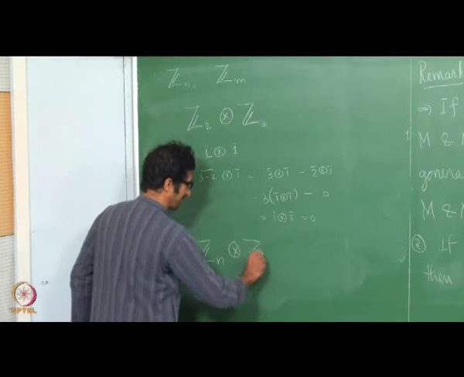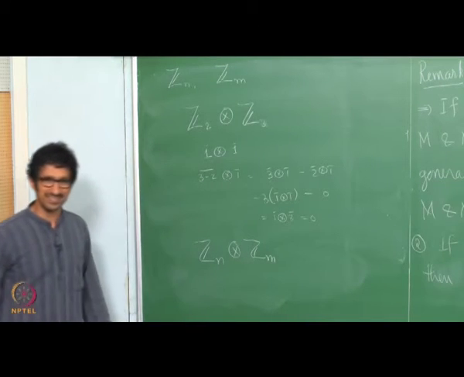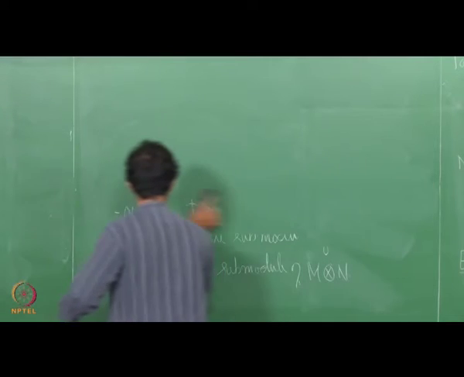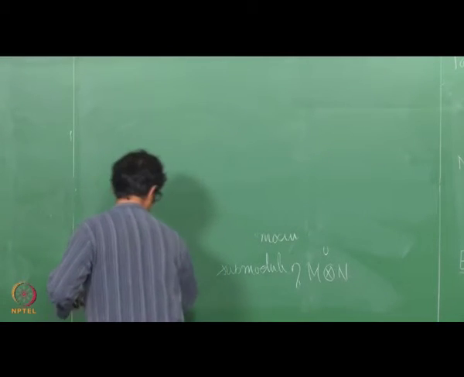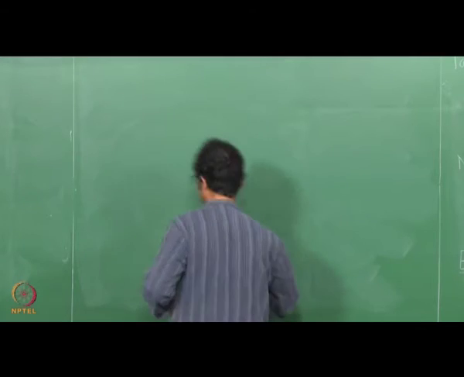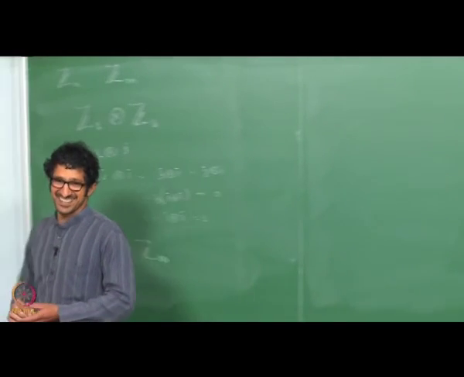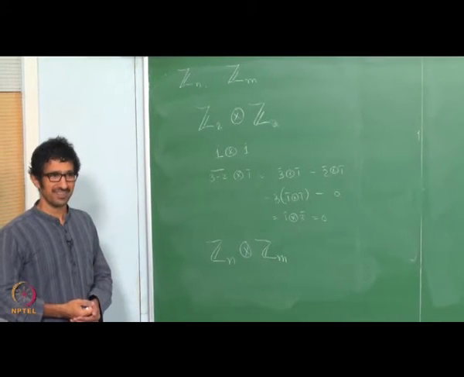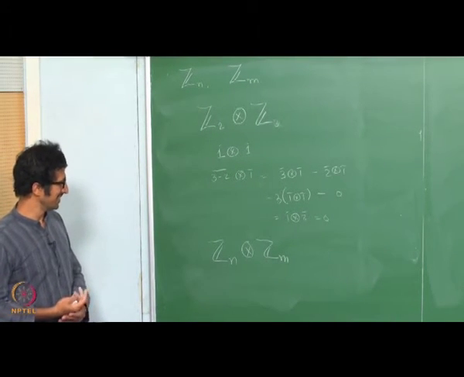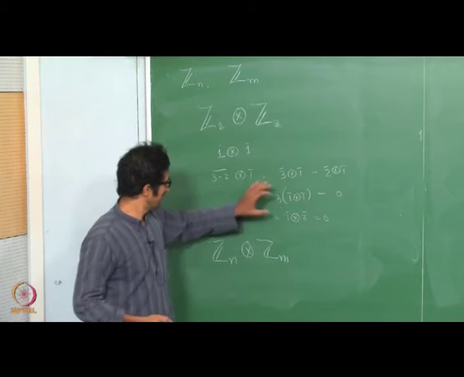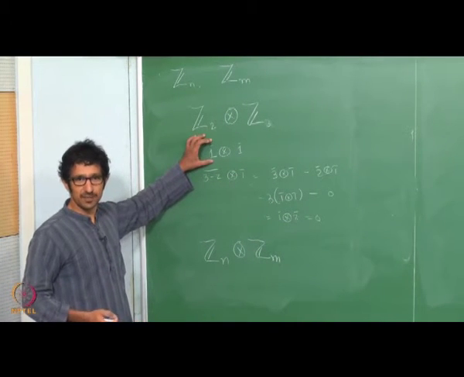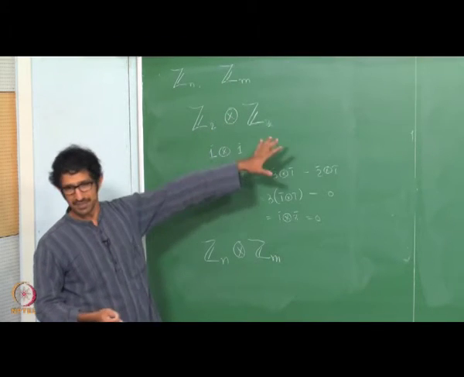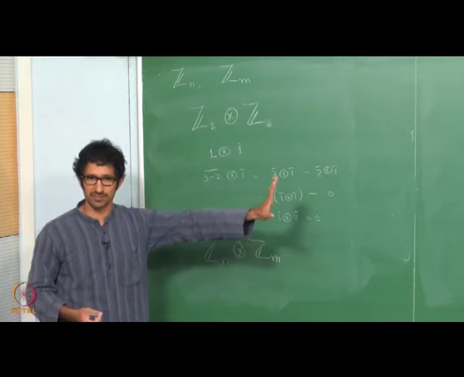Zn tensor Zm. Do you have some idea about this? m minus n, or n minus m, depending. Well, even more generally, what is it that we are using here? If I can write 1 as a linear combination of m and n, then I can keep n on one side and m on the other side and say that both of them are 0.